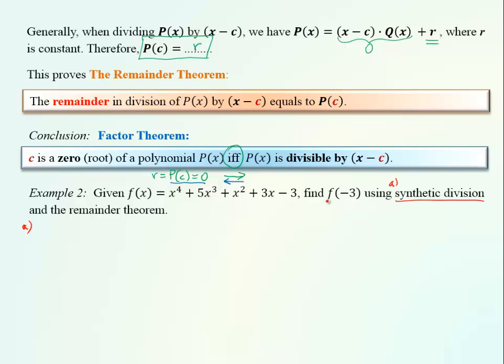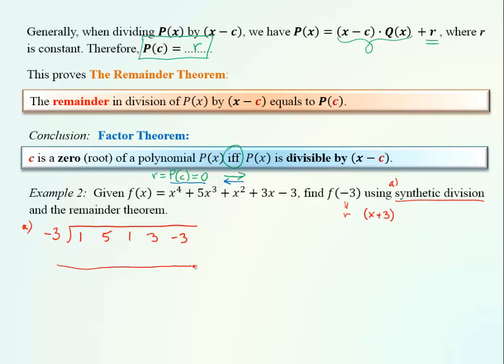Since we know that f of -3 is actually the remainder from the division by x minus -3, which is actually x plus 3, then, in order to find this remainder, we can divide the given polynomial with coefficients 1, 5, 1, 3, -3 by the number c, which is -3.